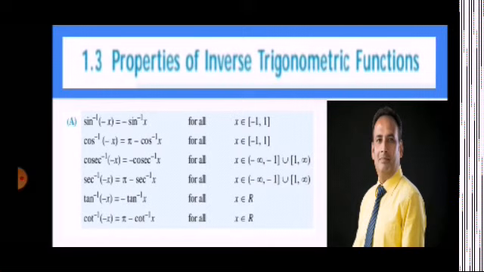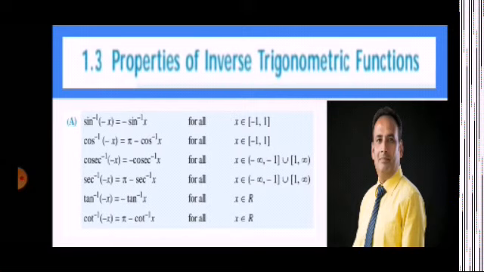Number one is the properties of inverse trigonometric functions, which we will discuss in detail. Before learning any formula in the inverse trigonometric functions chapter especially, you have to consider the condition. Conditions are very important. Sine inverse of minus x equals minus sine inverse x for all x belonging to minus 1 to plus 1 as your domain.